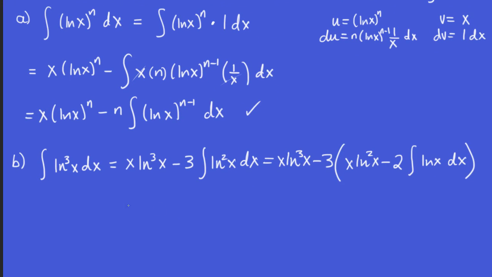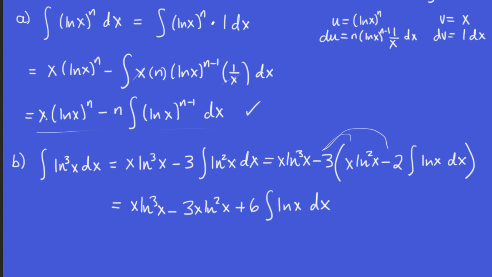Let's keep going. I need to clean this up, so I'm going to recopy x ln cubed x. This 3 I'm going to distribute across. So it would be minus 3x ln squared x plus 6 integral of ln x dx. And now we're going to apply the formula one more time. But this time, the power here is 1, right? So I'm going to be looking right here and replacing all the occurrences of n by 1.